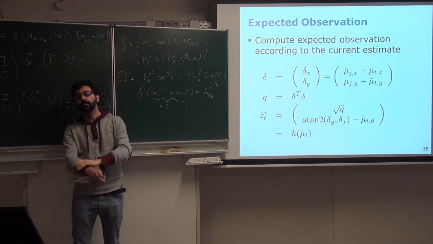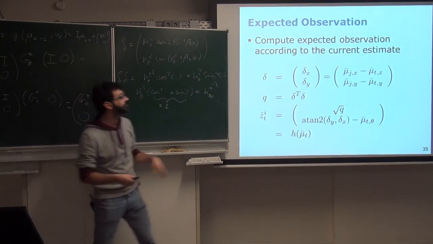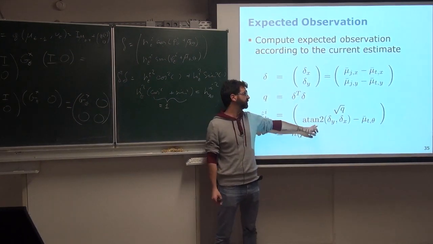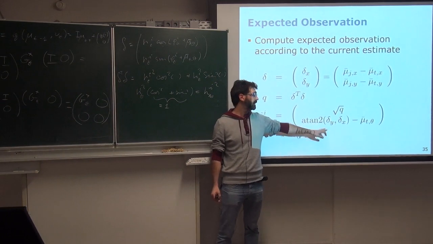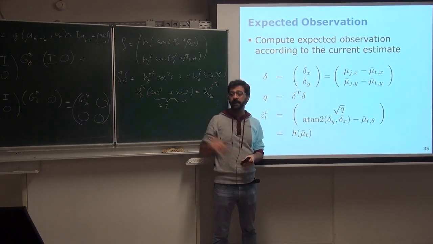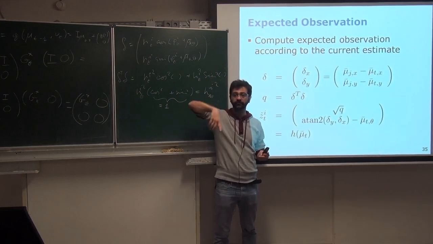The problem is that they're not stable, so we use the arctangent, and we use what's called arctangent 2. That's because this is a function defined all over the circle, while sine and cosine have singularities when one of them goes to 0, they get to infinity and so on.